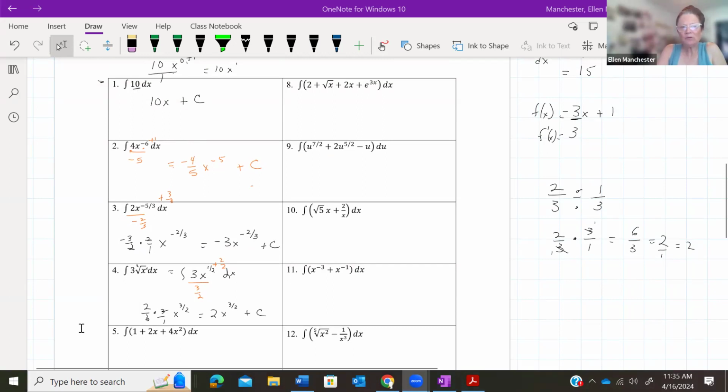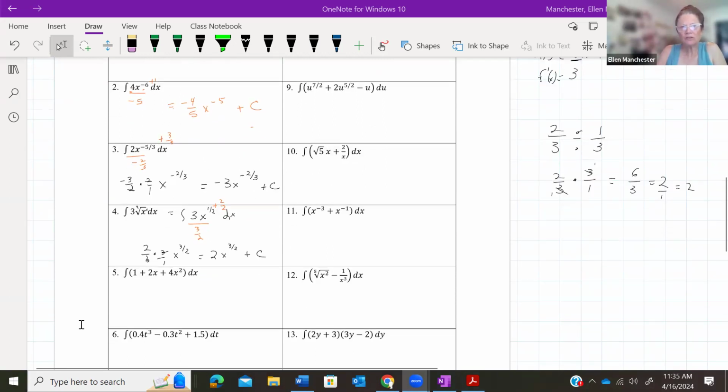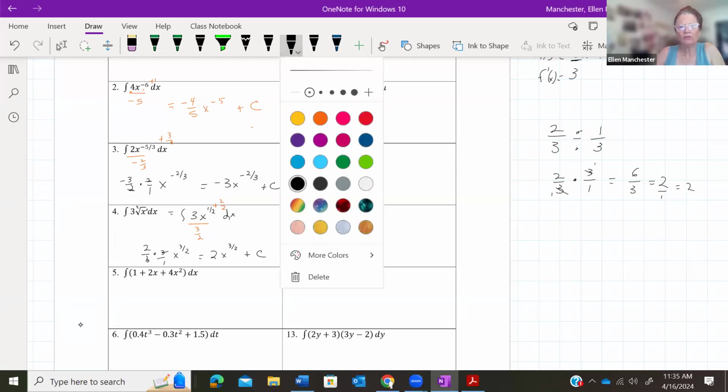So it's the same thing with the 1. The 1 is your slope. Let me get my pencil here. And so you are adding an x to it. So anytime you have a number all by itself, you have to add that x to it because that is the original function. So this is the slope on the original function.